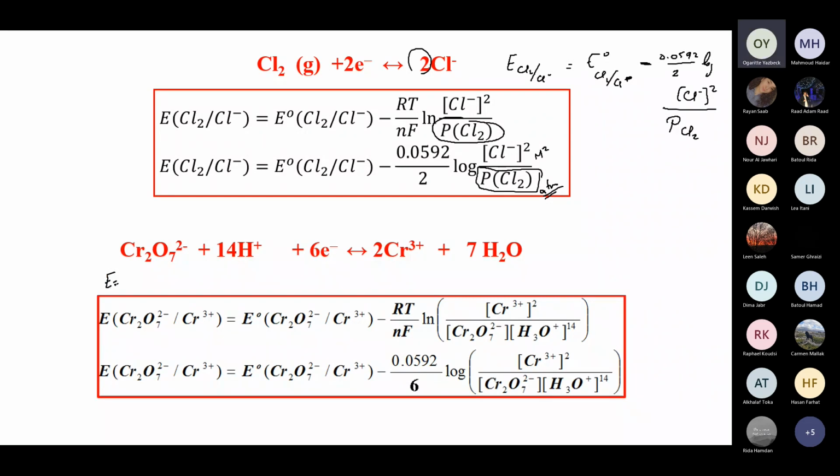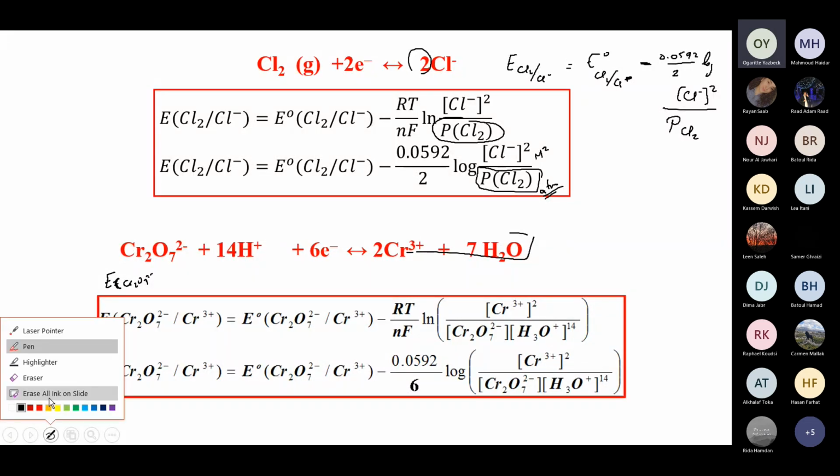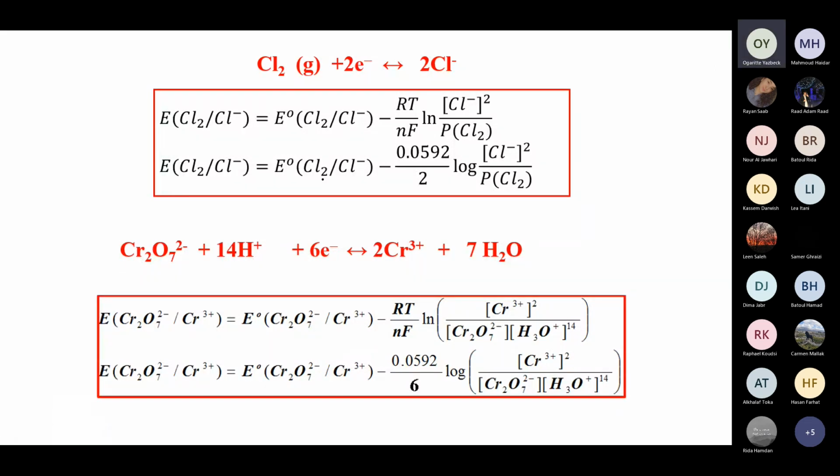E of what actually? E of the Cr2O7 2-. Again, the first thing I have to do is write the equation as a reduction reaction, so electrons are always on the right hand side. And make sure that it's a balanced equation.